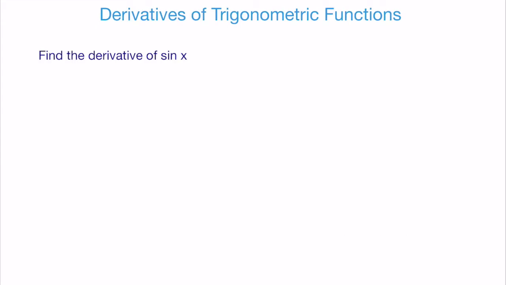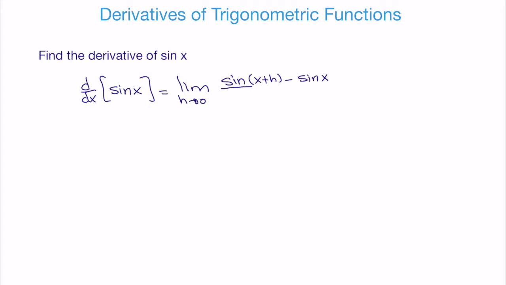So to derive the sine, we have no rules to apply, so we have to go by definition. The derivative of the sine is going to be the limit as h approaches 0 of sine of x plus h minus sine of x over h. Okay, sine of x plus h is a trig identity.